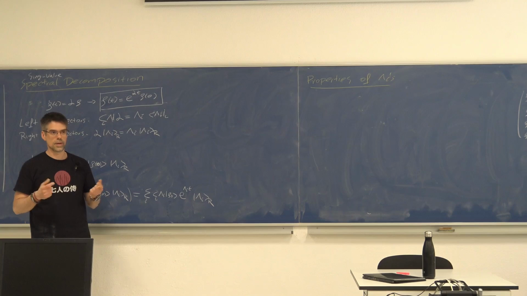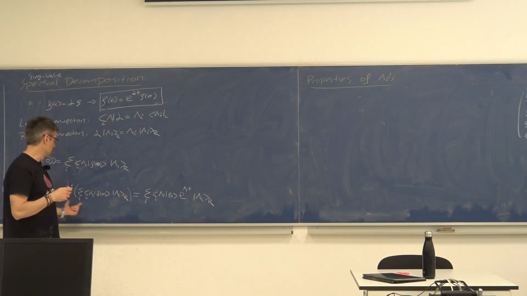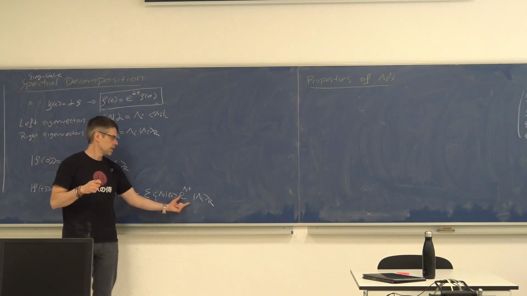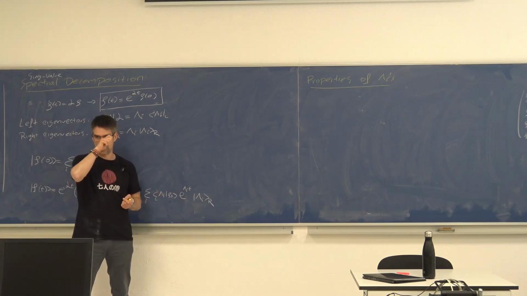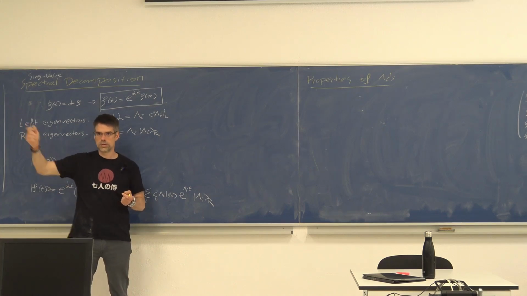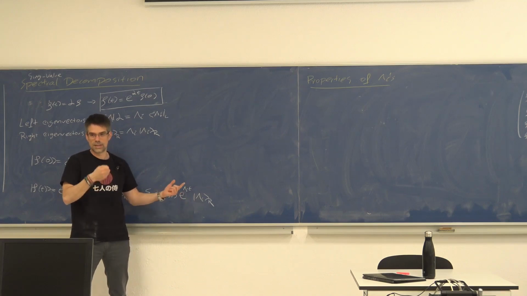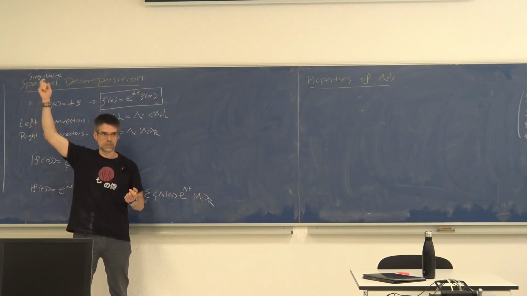Why? Imagine that you have an eigenvalue that is 100. When you calculate the time evolution, this will be the exponential of 100 times t, and as t grows, one of the components of the density matrix grows exponentially.